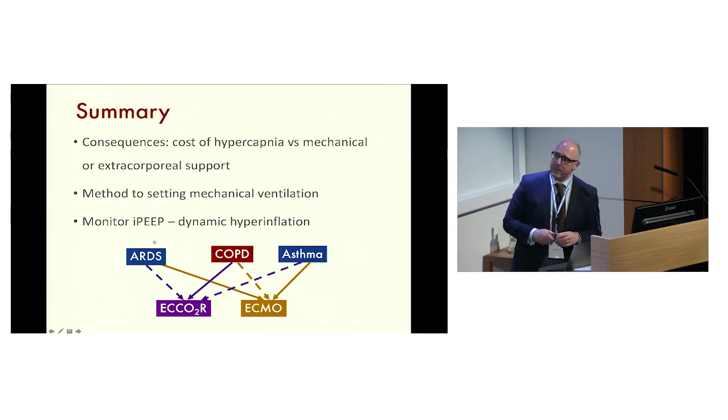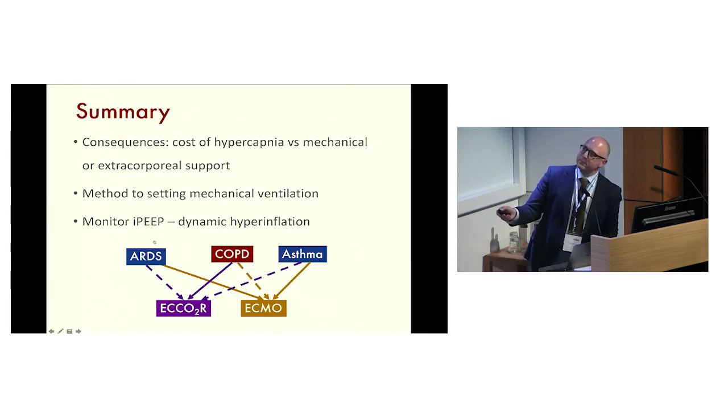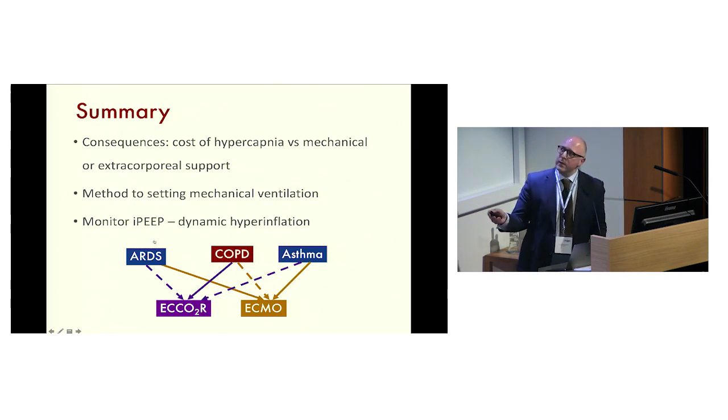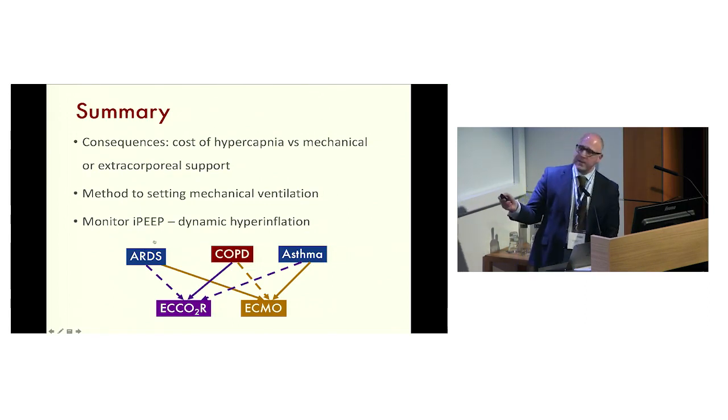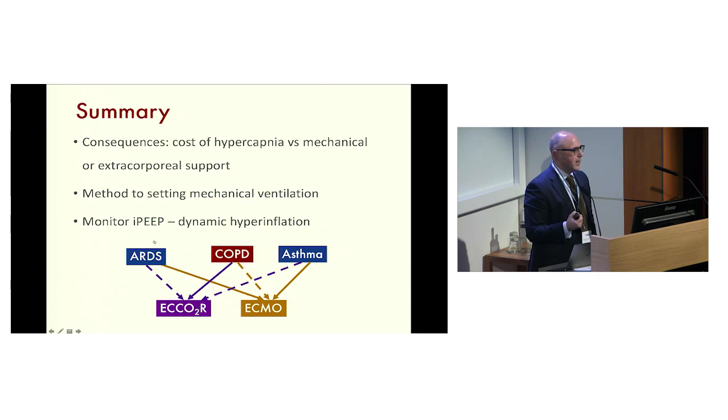So I'm going to summarize, and this is my last slide. So I think about the consequence of hypercapnia. You need to balance in your mind the cost of hypercapnia itself, so high CO2, versus the cost and the morbidity that is associated with the mechanical power or stress and all the extracorporeal support.